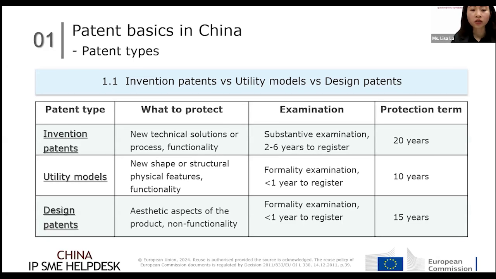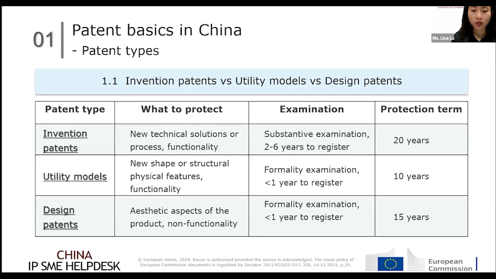Sometimes you will find the design can be included in utility models as well as industrial design, because those two patents protect different parts of the products. And in terms of how long you can expect to get the protection, invention patent takes the longest. Usually in China, it takes from 2 to 6 years to register, because it goes through the substantive examination.